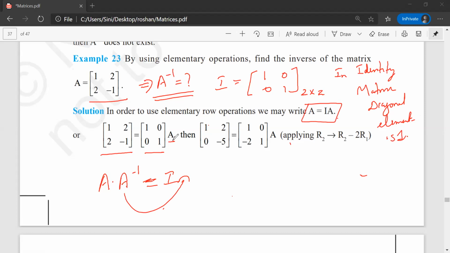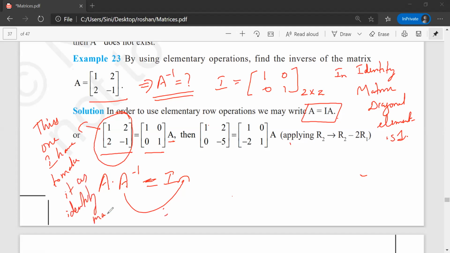So the left hand side, this particular side, I have to make it as what? Identity matrix. This one I have to make it as identity matrix respectively. How do I do this?